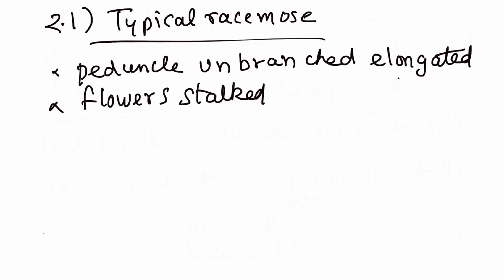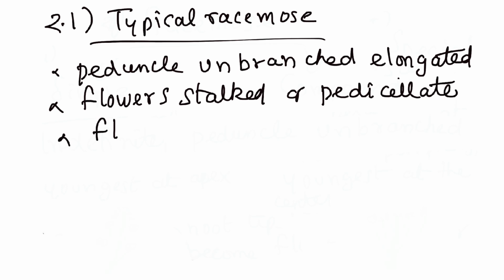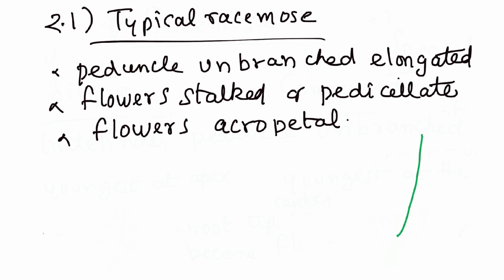Each has its own stalk, its own pedicel. That's a key point. So the flowers are stalked or pedicellate, and the flower arrangement is acropetal. That is, you have the older flowers at the base and the younger flowers at the apex.